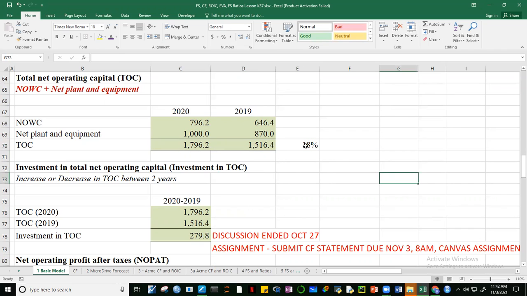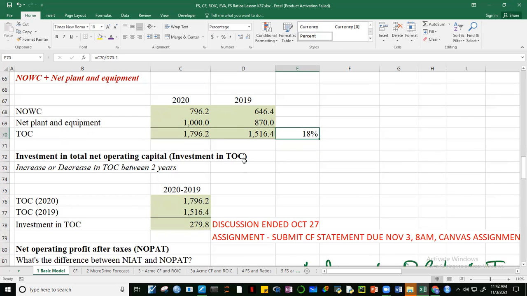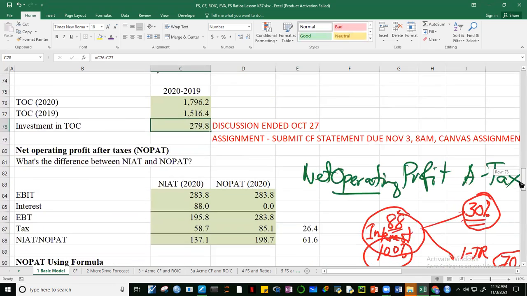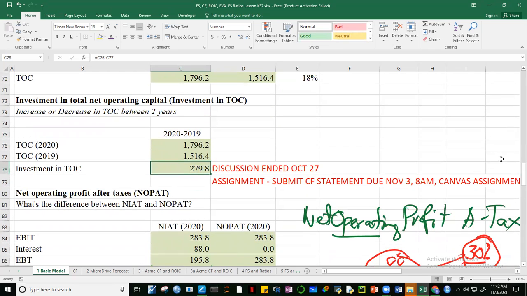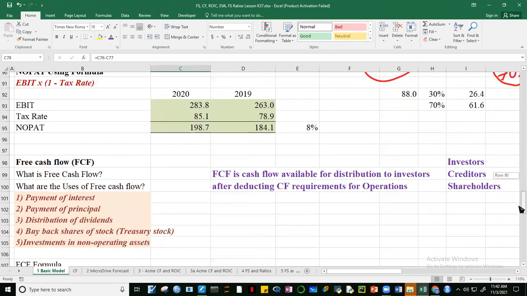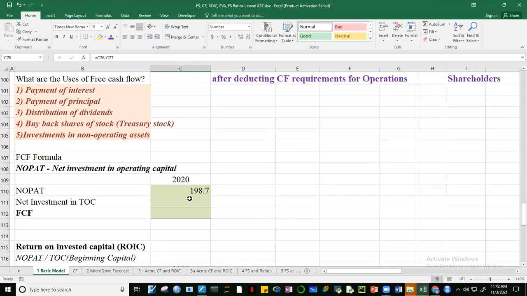so it increased by 18%. No? So the company was now investing in operating capital, particularly investing in its current assets and investing in its net plant and equipment. Okay, so total increase in operating capital was 18%. So this is what we will be deducting from NOPAT, okay, because this was the investment in operating capital. Okay, so let's get that.